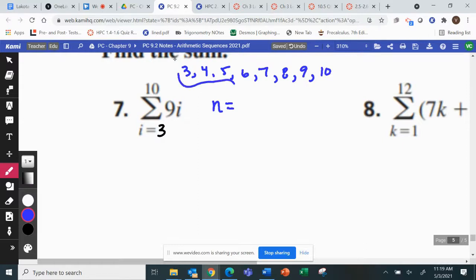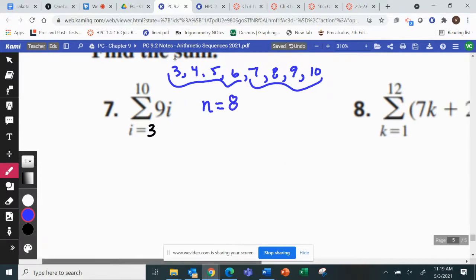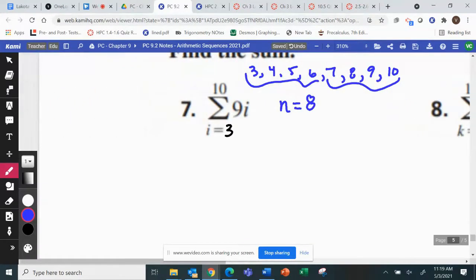How many are there? There's 8. Now, the one we just did had i equals 1 to 20, and you guys told me 20 terms. Did we subtract 20 minus 1 and get 20? No. So you don't just subtract 10 minus 3 and get 7.